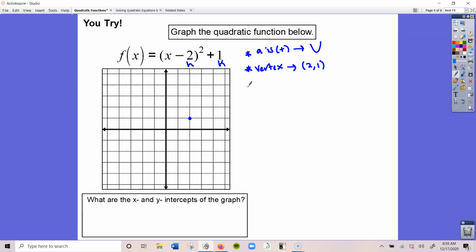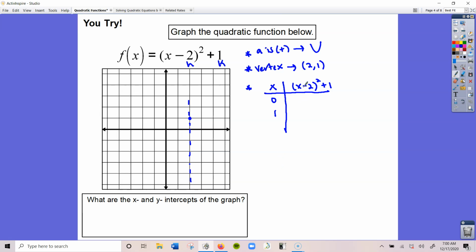Now I'm going to create a table of values, and I'm going to pick two x values to the left or to the right of the vertex. Because, again, this is my axis of symmetry here at x is equal to 2. And so I'm going to choose the left side just because they're smaller numbers. So I am going to plot 0 and 1.